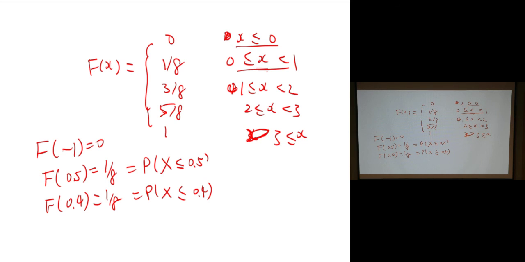That's why the cumulative probability is still the same. So in fact, this is a step function. Before 0 it is 0, but once you reach 0, you jump to 1/8. Then you go all the way to 1, and before you reach 1, you still remain at 1/8. But once you reach 1, you jump to 3/8. So basically, it's a step function.